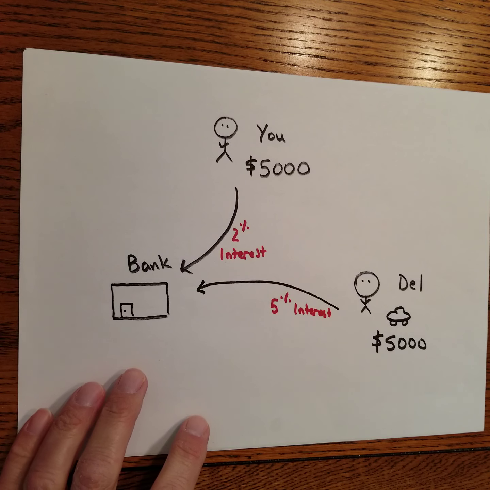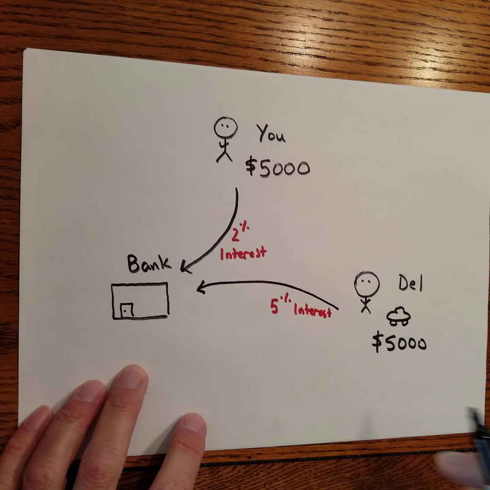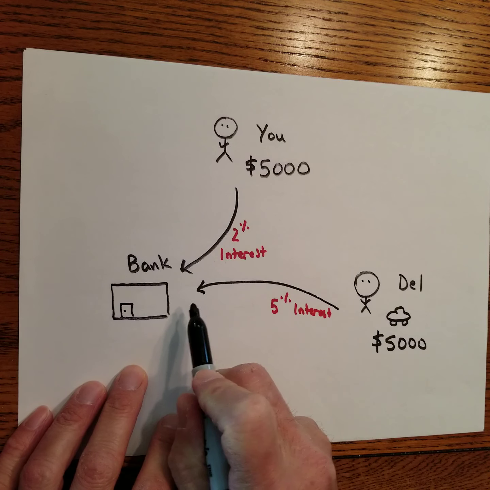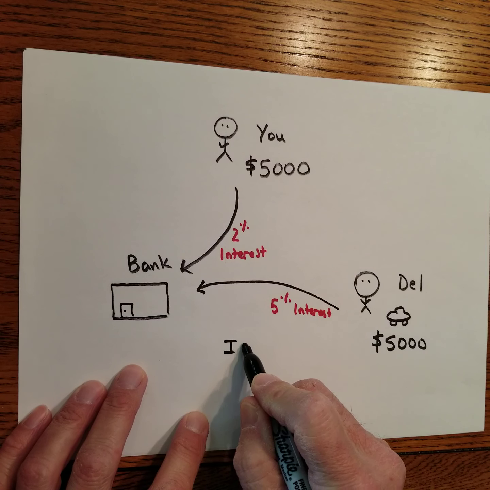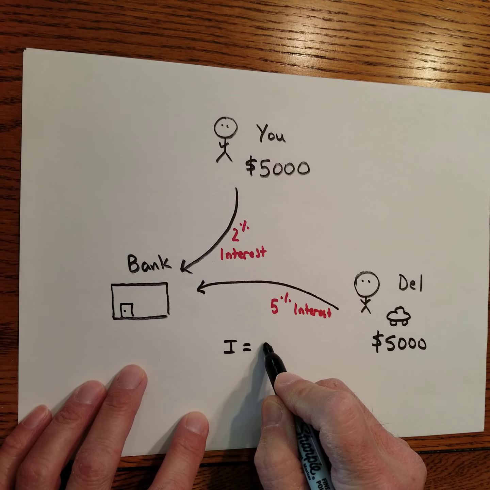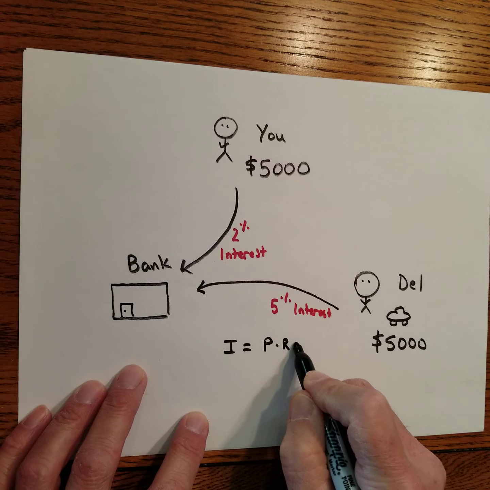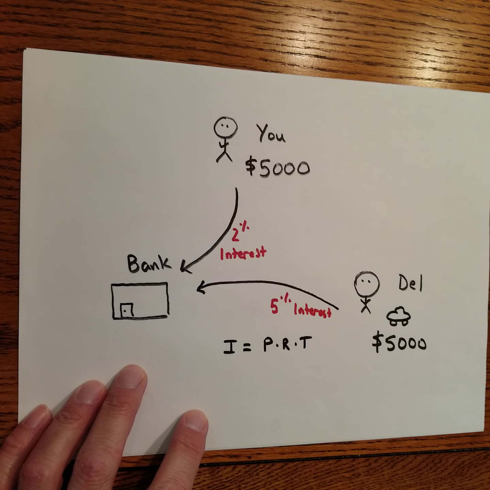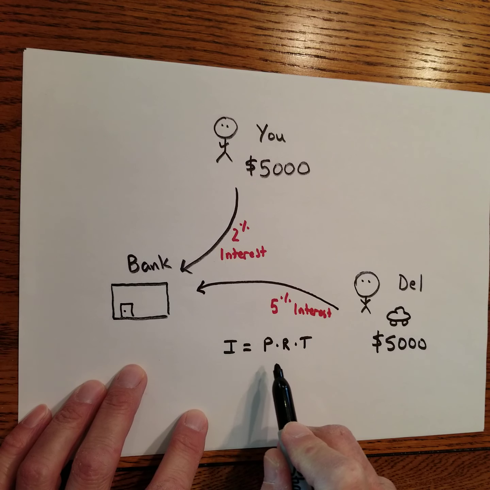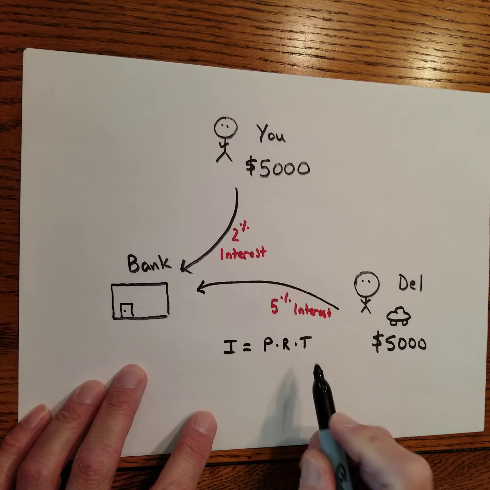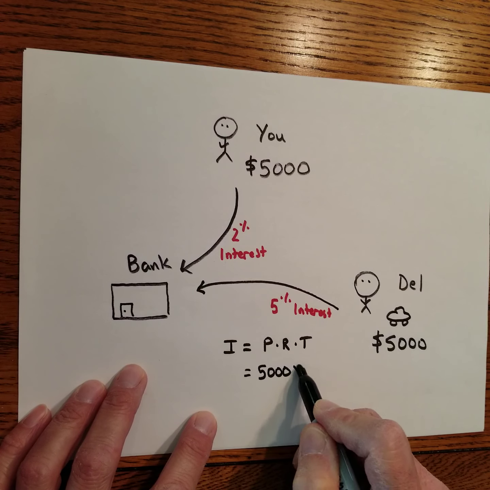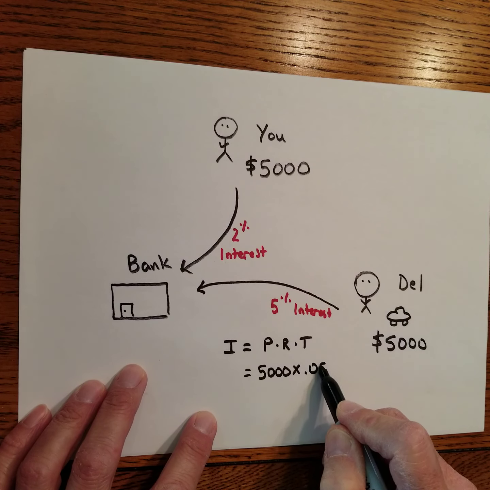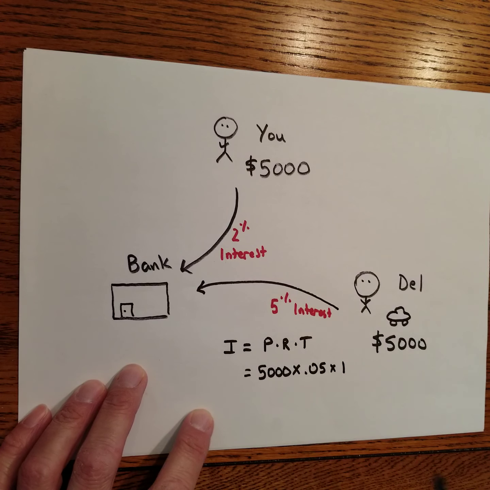Well, 1 year passes, and after 1 year, it's time for Dell to pay back his $5,000. However, when he pays back his $5,000, he has to pay back the interest as well. Here's the interest formula. Interest is principal times rate times time. Dell borrowed $5,000 at 5% interest for 1 year.